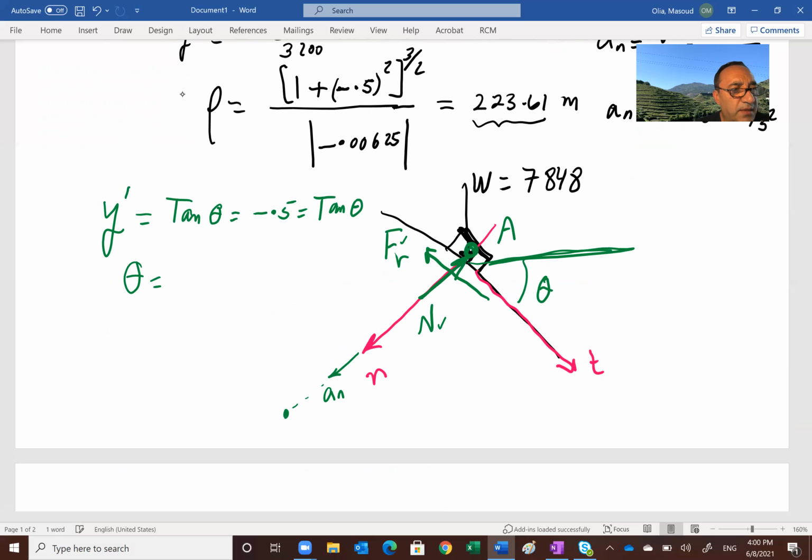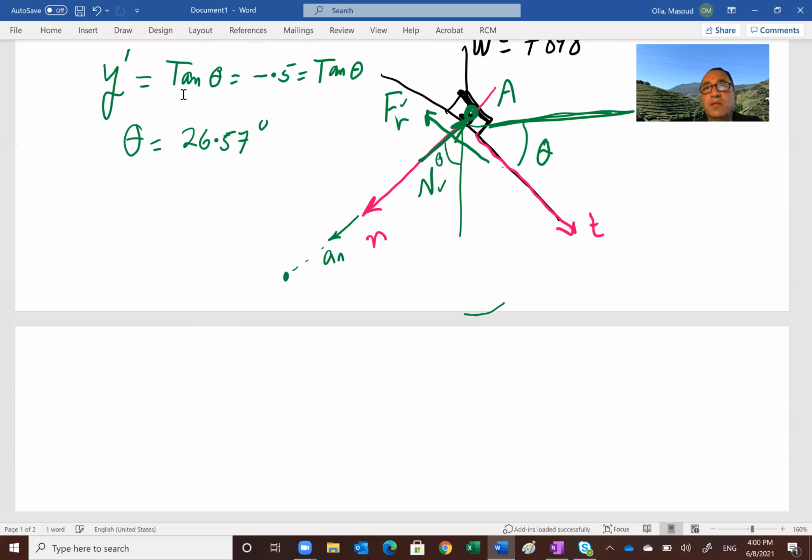This picture doesn't look too good, it looks much larger than 26.57, but that's all right. Now remember that this angle would also be theta, the same angle, because this would be 90 minus theta, and that would be again theta.